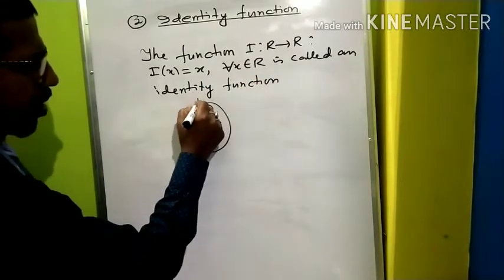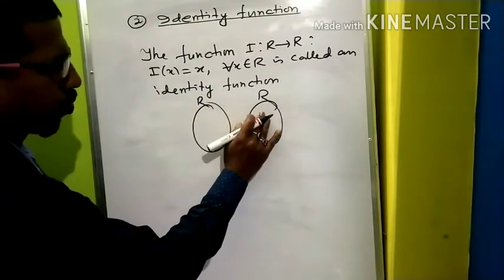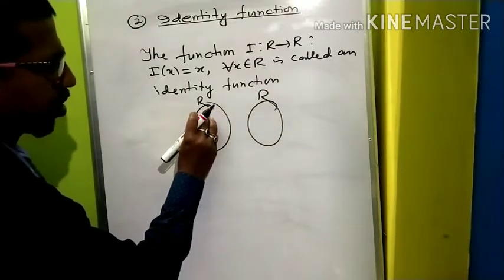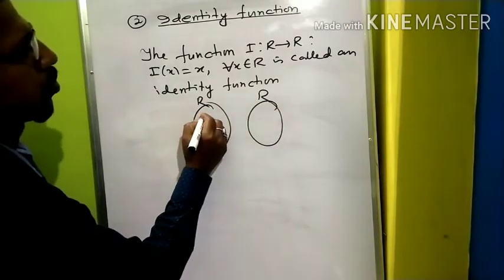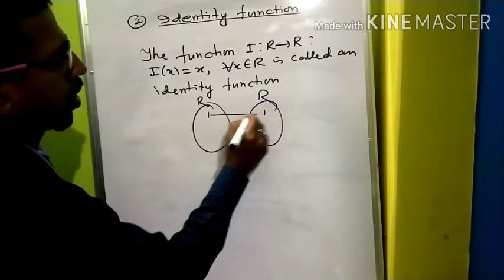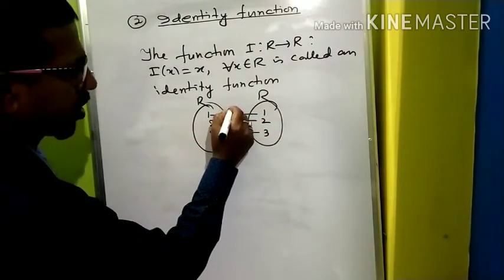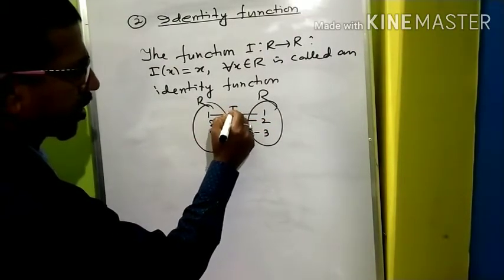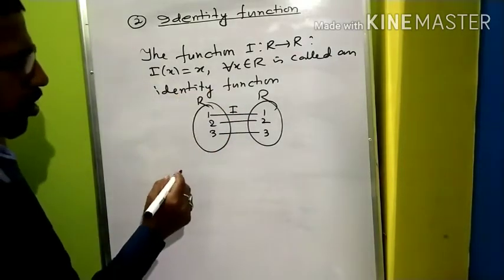Just see the figure. This is the real numbers, this is the real numbers, domain and codomain. All the elements of R have the same image here also. Suppose 1 goes to 1, 2 goes to 2, 3 goes to 3. Here instead of f, we write I. So I(x) = x. That's why this is an identity function.